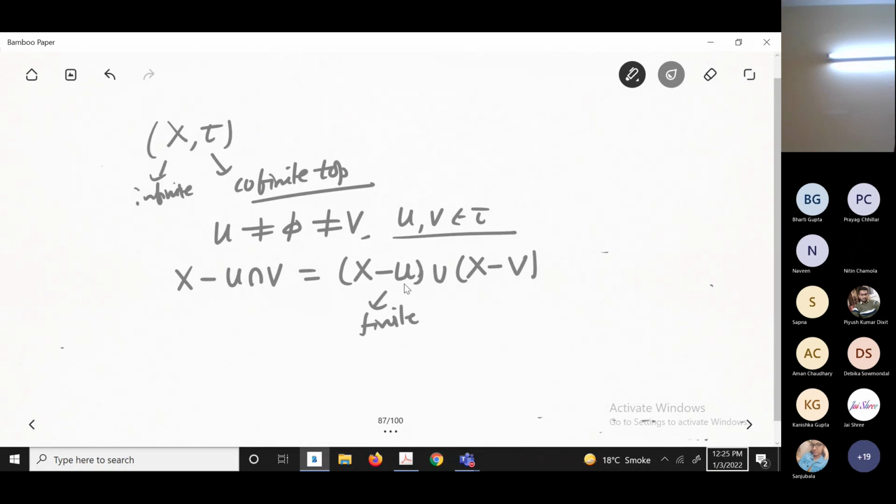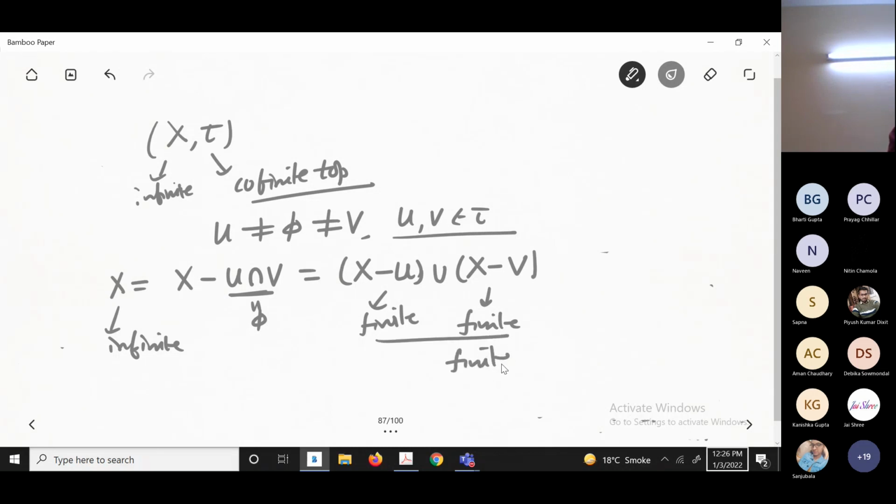Of course, if U is X, then it will be the empty set, which is also finite. If you assume they are disjoint, then this will be equal to X. But X is infinite, and here you are getting a union of two finite sets, which is finite.